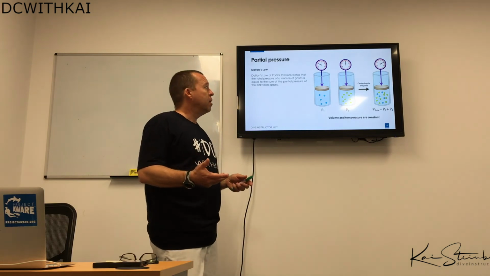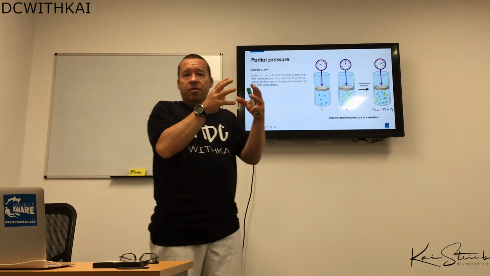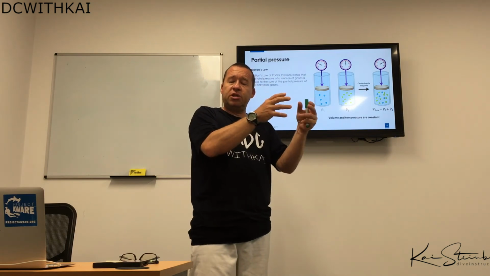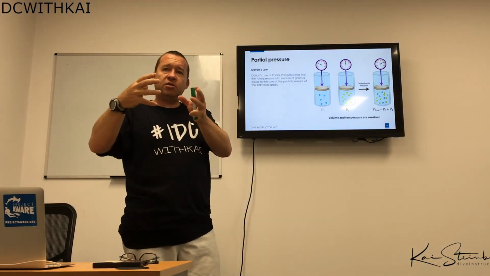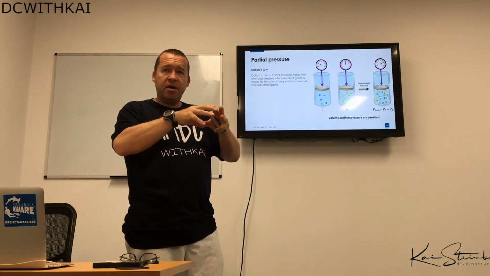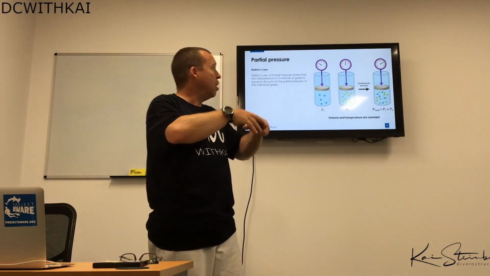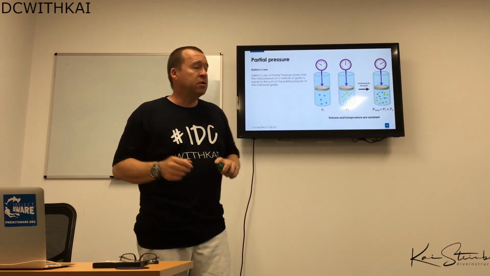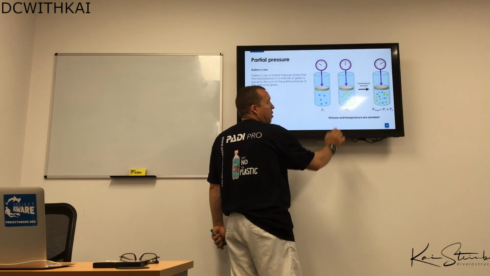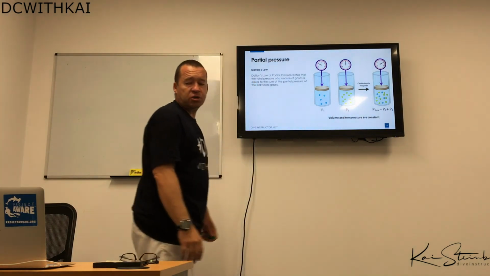The pressure that the oxygen is exerting is called partial pressure. The pressure that the nitrogen is exerting is also called partial pressure. If I add those two together, I don't have partial pressure anymore. I now have total pressure. So total pressure equals the sum of the two partial pressures.